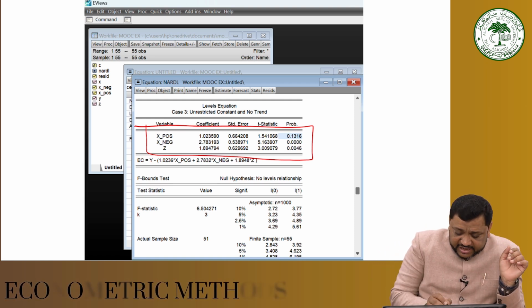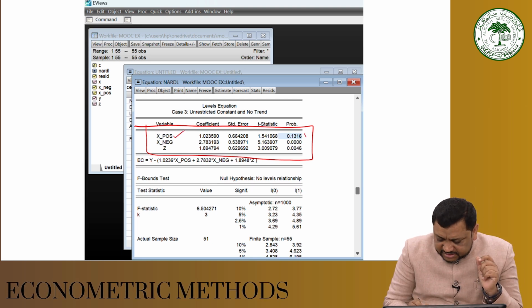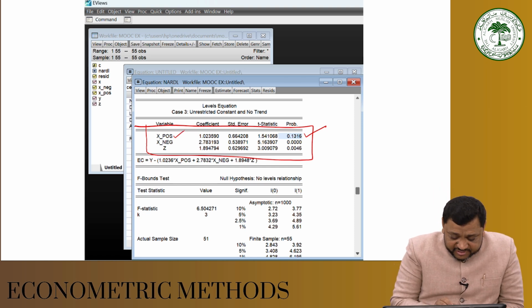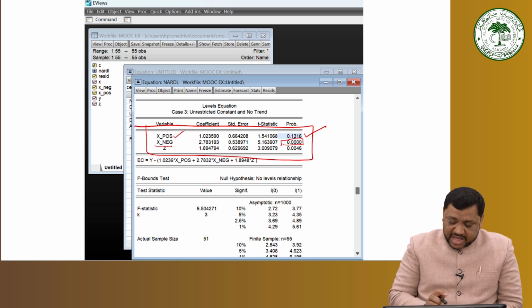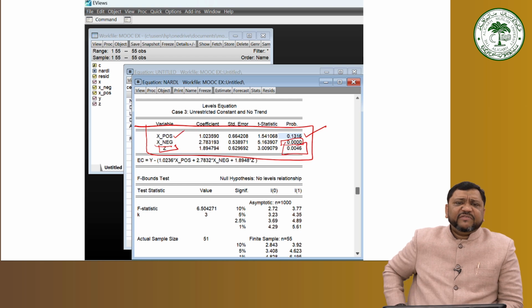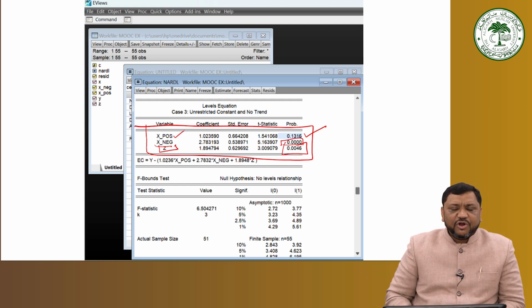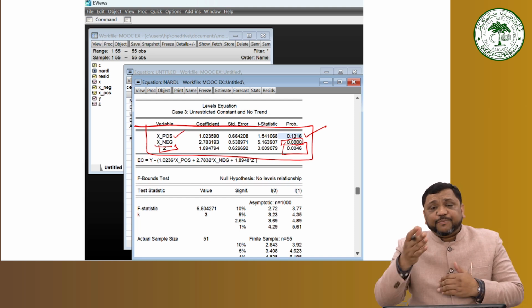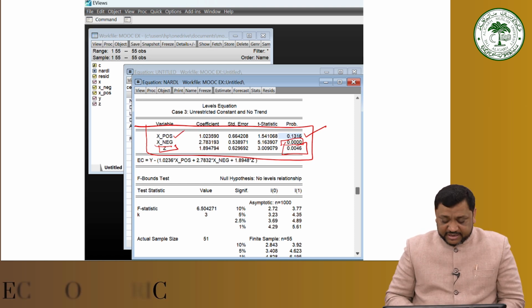Here what it is saying is, if there is a positive change in x, this is not having a significant impact on y. But if there is a negative change in x, there is a significant impact. And as in the earlier case, z was significant there also, and here also z, the p-value is less than 0.05, so it is significant. So this is the beauty of non-linear ARDL, where you are incorporating the impact of a positive and a negative shock. That is why we call it non-linear ARDL.